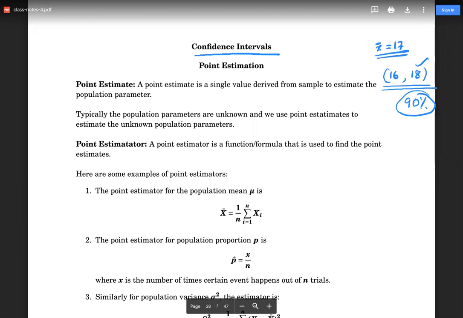You do a calculation, you find a sample, you collect data, and then you create an interval around that number and you associate some level of confidence with that interval. Probably you'll say I'm 90% confident.